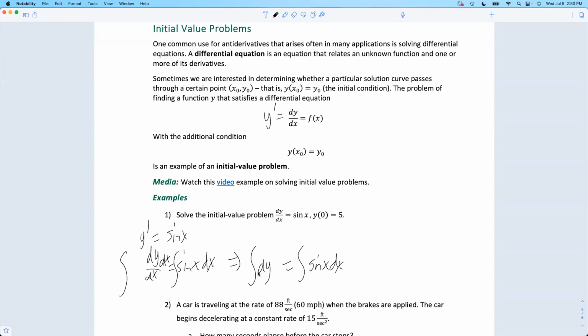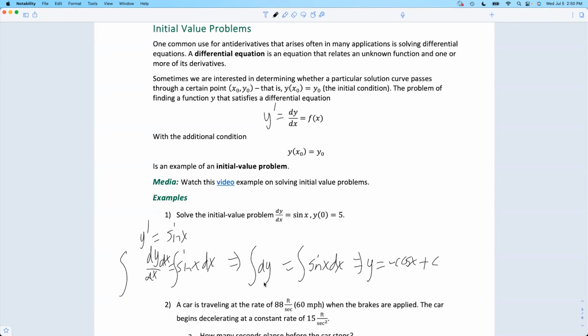The antiderivative of dy, see, now I have a different differential in here. That's why it's important that you always write your differentials. The antiderivative of dy is just y. The antiderivative of sine of x is negative cosine of x plus c.